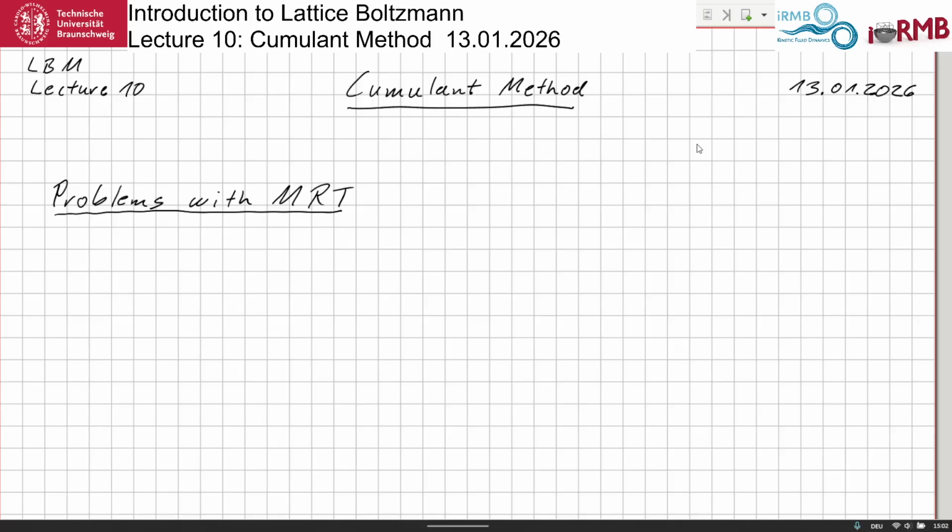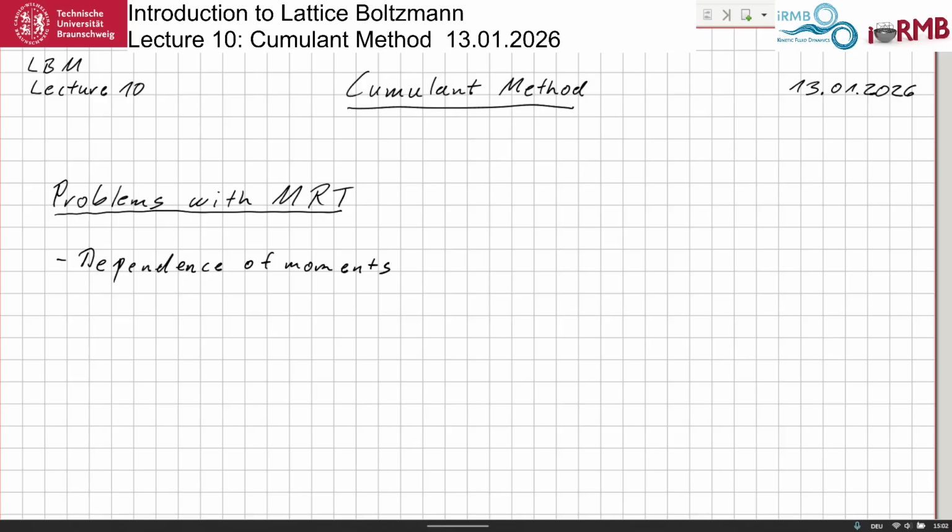So there were a few problems. We have observed that we have dependence of moments. We like the moments to be independent variables, but we have seen that they actually depend on each other.